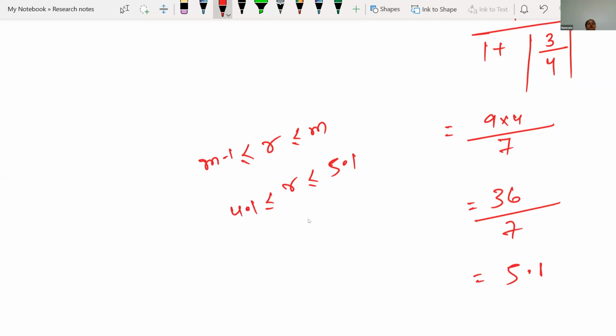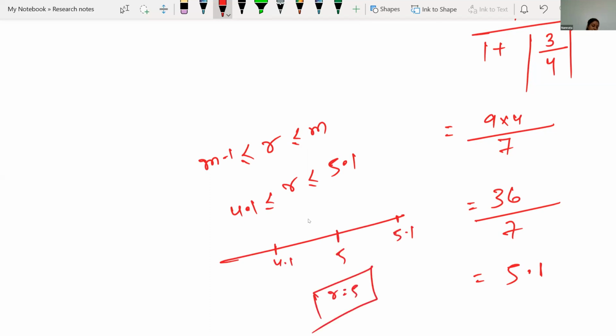What is the possible value of R between 4.1 and 5.1? 5. So R is equal to 5. Fifth term. Okay. Is it clear? Yes, ma'am.